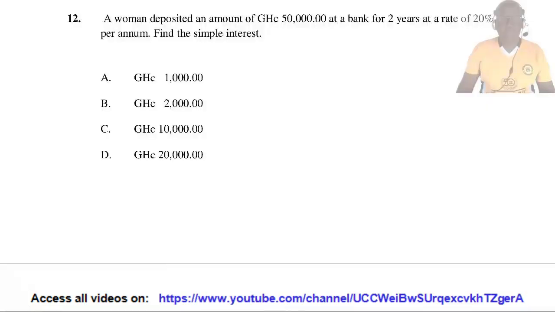Question 12. A woman deposited an amount of 50,000 Ghana cedis at a bank for 2 years at a rate of 20% per annum. Find the simple interest. The simple interest is given by principal times time times the rate. The principal is 50,000.